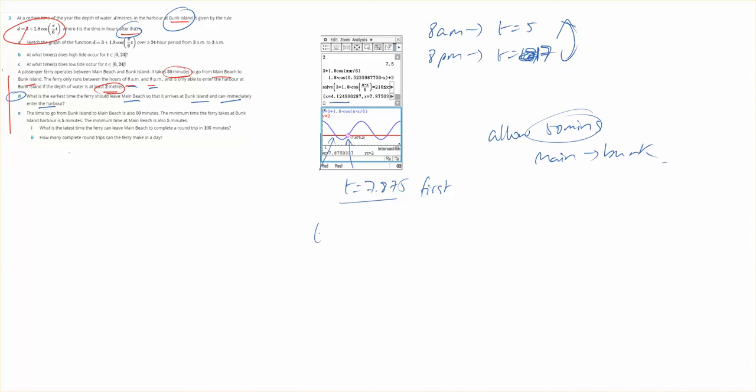So all we're doing is finding the time that corresponds to 7.875 minus 50 minutes. This is in hours, so the 50 minutes also has to be in hours: 50 minutes is 50 divided by 60.